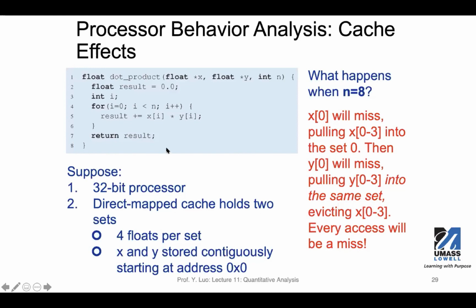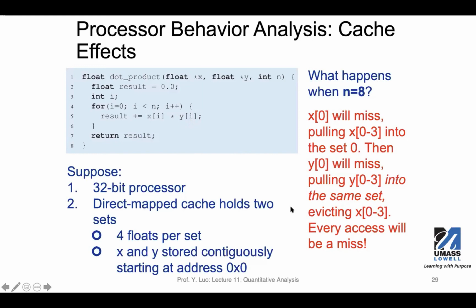And the next time, when the loop goes to iteration 1, the same thing will happen. The cache will find X1 is a miss, so it has to load, and then subsequently kick Y out.